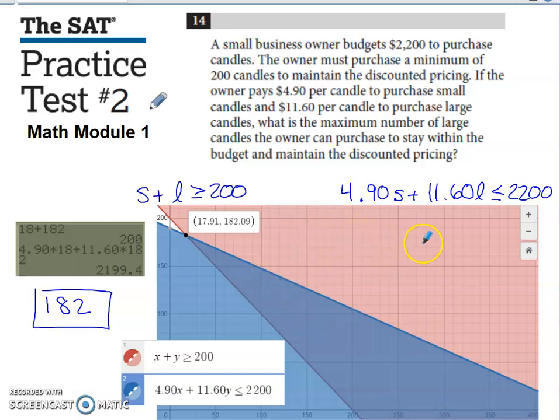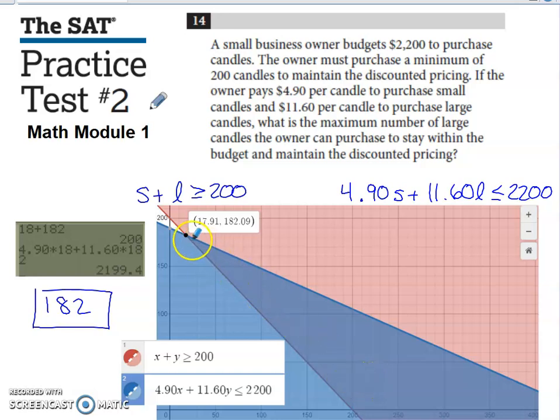If I pick an ordered pair from this portion that's shaded in red, I am going to maintain the discounted pricing. I also graphed the budget inequality, so the prices inequality. I also had to swap out S with an X and L with a Y. So the blue shading that you see here is going to allow the business owner to stay within their budget.